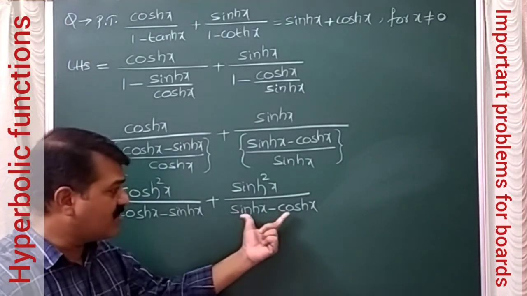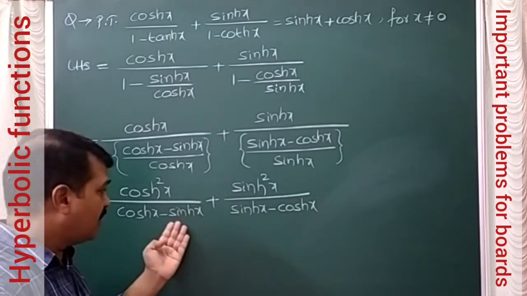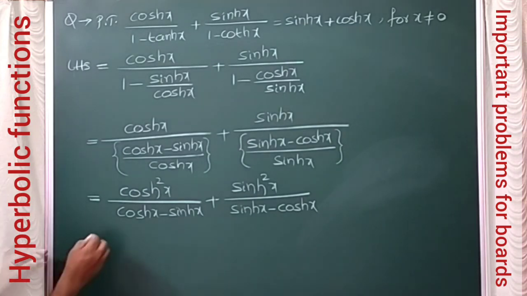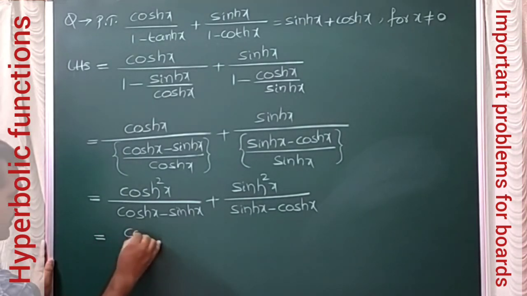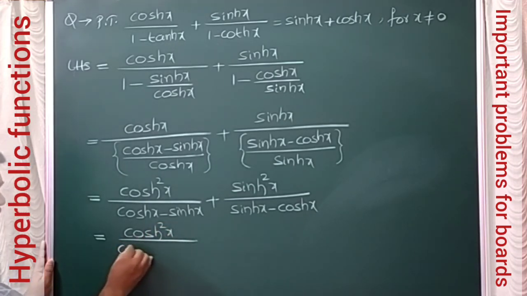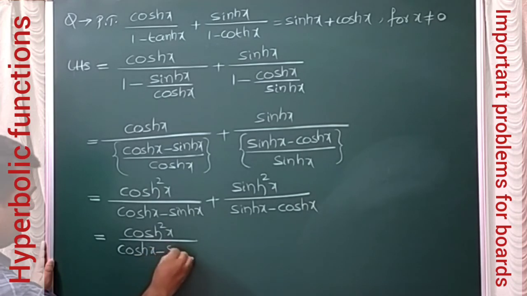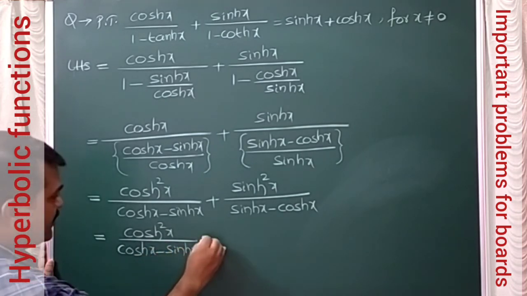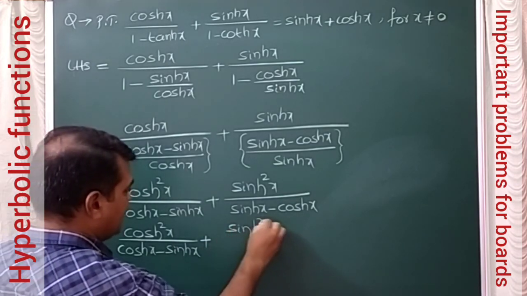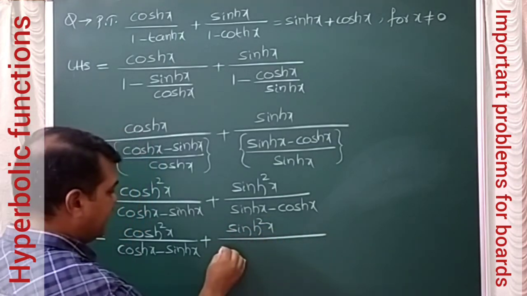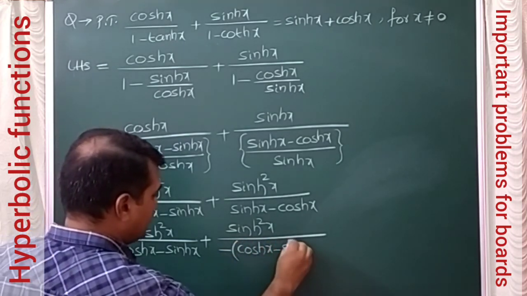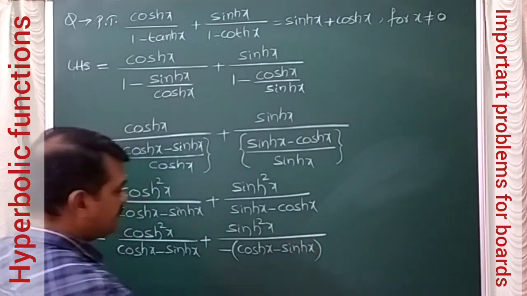If we take minus common in the denominator, the denominator will be the same. Therefore, let me write like this: cos h square x by cos hx minus sin hx plus sin h square x by, taking minus common in the denominator, cos hx minus sin hx.